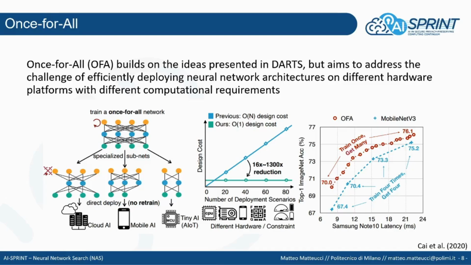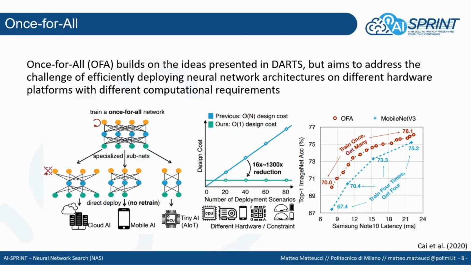And as the name suggests, it trains one network once and for all and then specializes this network for different devices. Indeed, what we would like to have is the possibility of training a big network and then specializing it for cloud computing, for mobile AI, and maybe for tiny machine learning on, let's say, accelerated IoT devices.